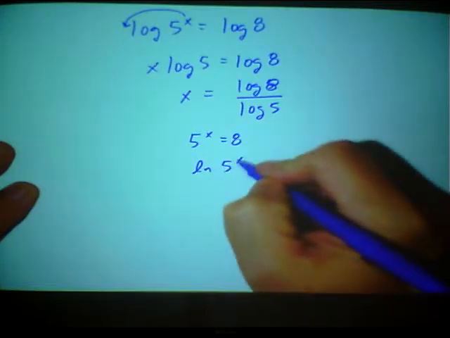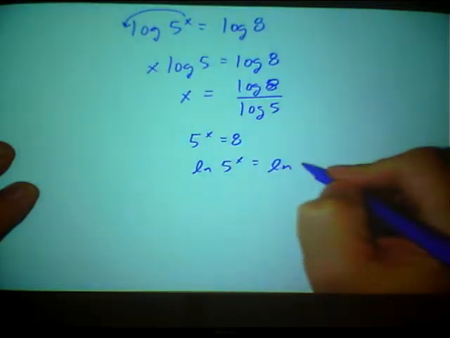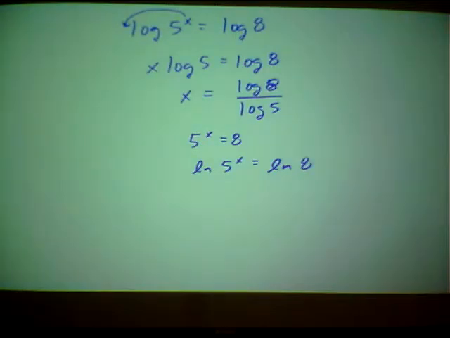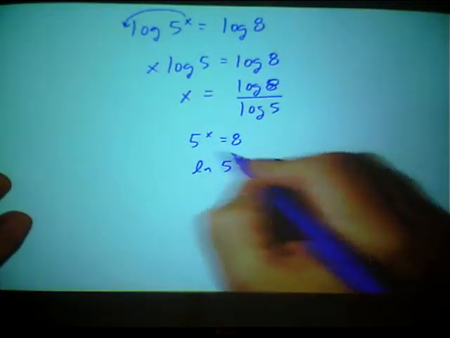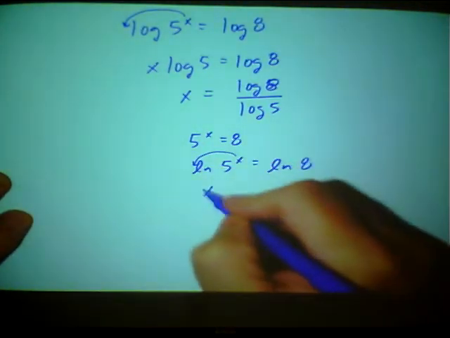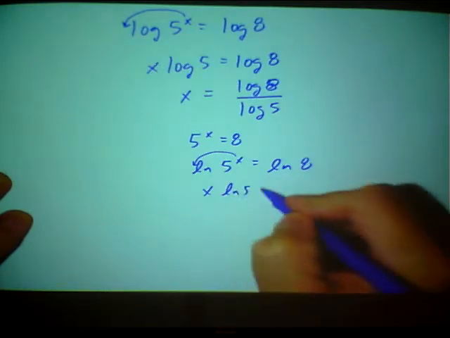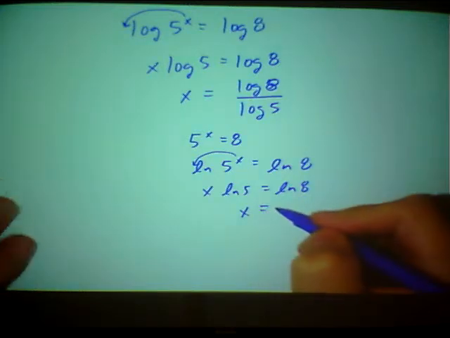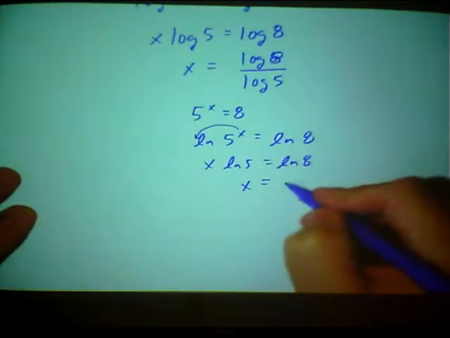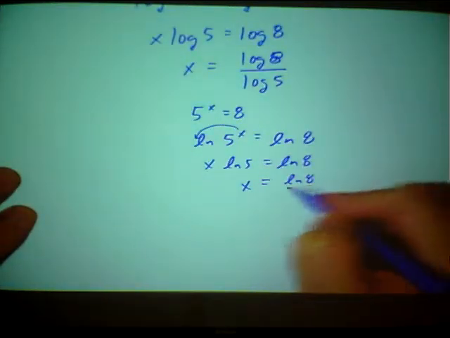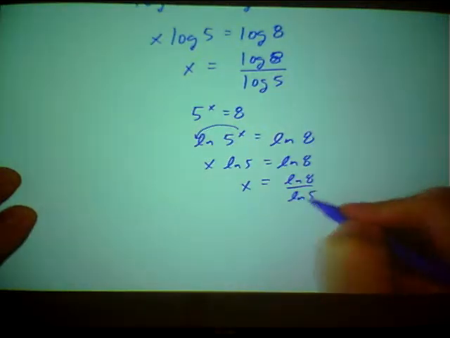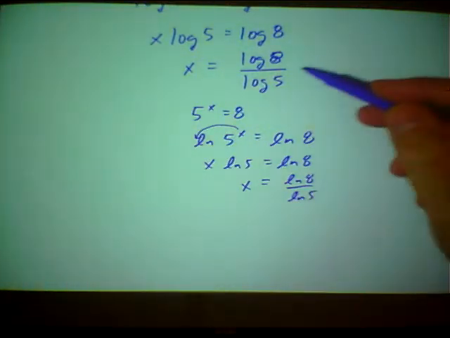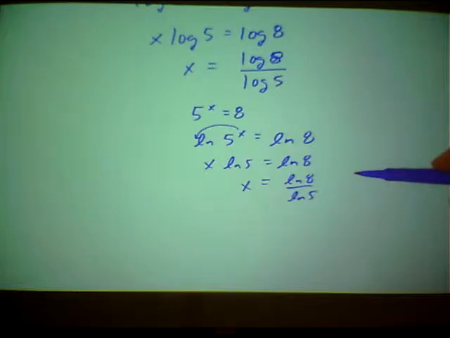So natural log of both sides, natural log of 5^x, natural log of 8. The same rule applies, the x can come down. So you have x equals natural log of 8 over natural log of 5. And in a few minutes, I'm going to actually calculate both of these, and we should see that they give us the same answer.